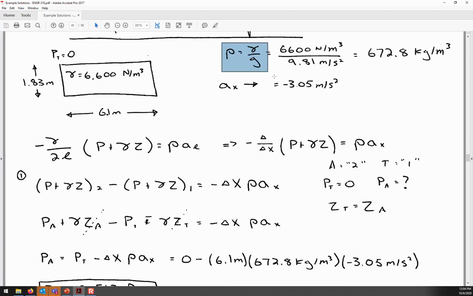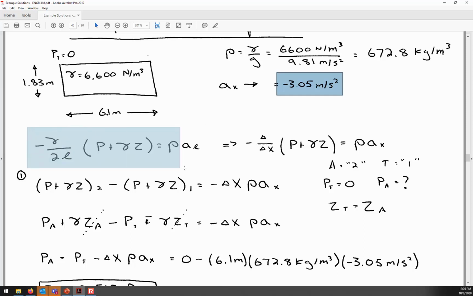And the acceleration is negative 3.05 meters per second squared. And it's assumed that to the right is the positive direction in x. And since this truck is slowing down, that means that the acceleration is to the left. And so the minus sign is really important. We have to include that minus sign when we do the substitution into Euler's equation.